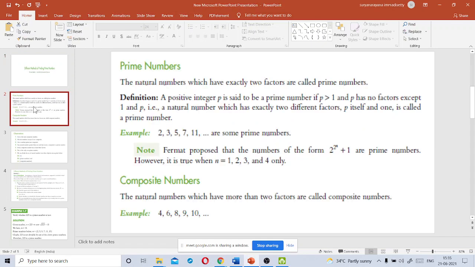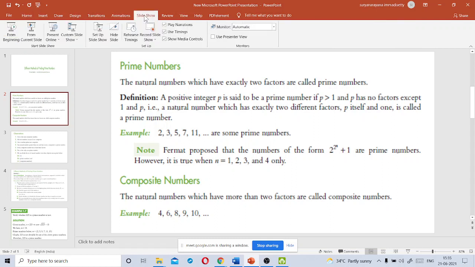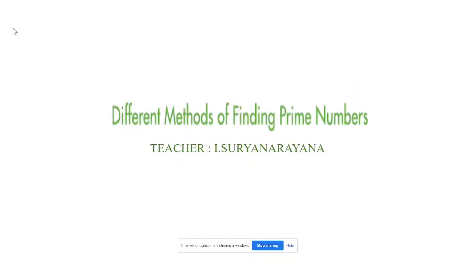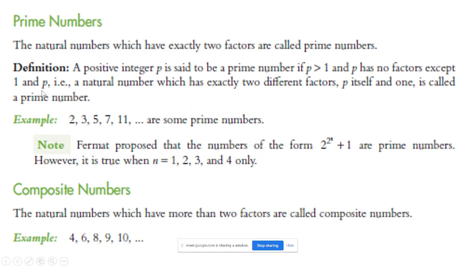See here. See the definitions of prime numbers and composite numbers, my dear children. So this is first this one. Prime numbers, the natural numbers which have exactly two factors are called prime numbers.